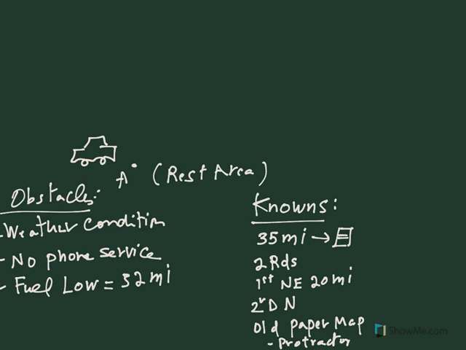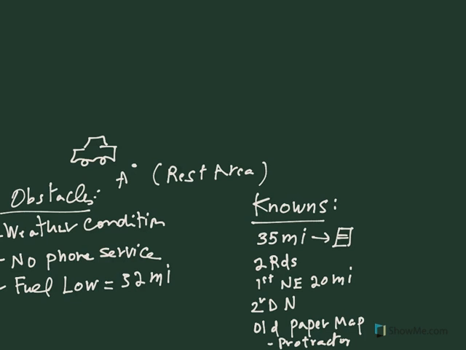He indicated where he is at the rest area as the first point, where the vehicle is. Based on the knowns, the first road is northeast and it's 20 miles.